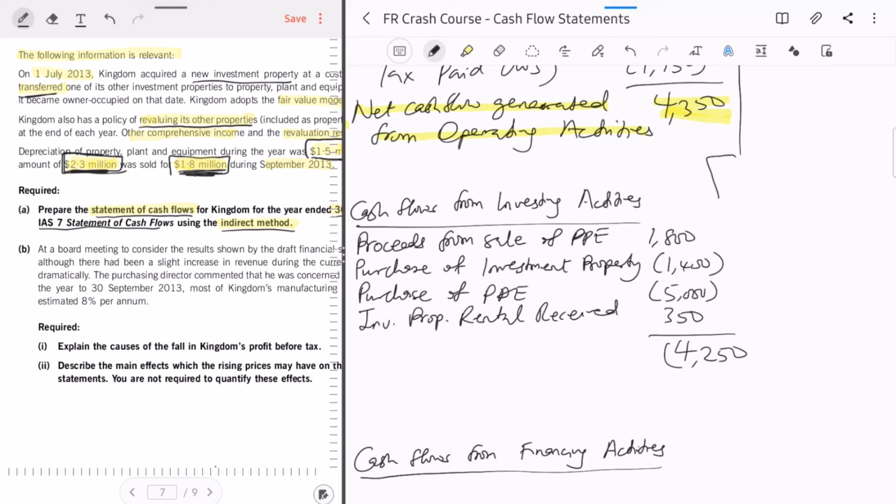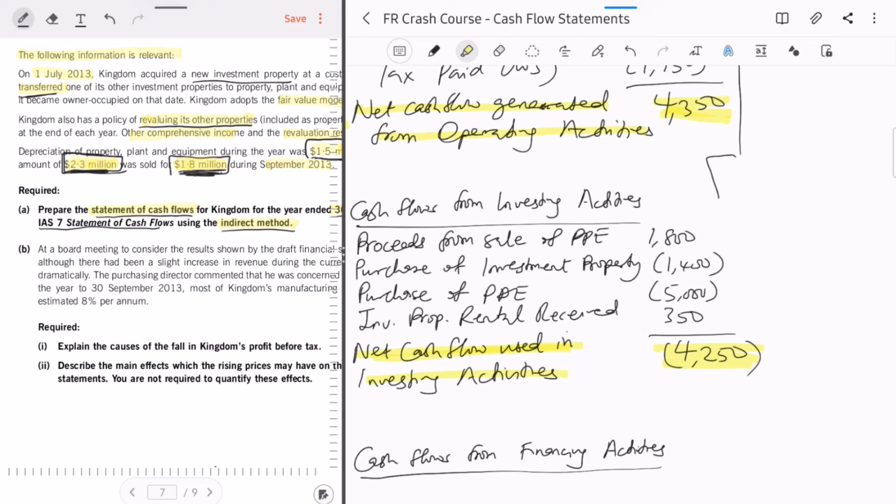So it's an outflow. So I say net cash flow, not generated from, but used in investing activities. So my net cash flow from investment activities will give me 4,250.